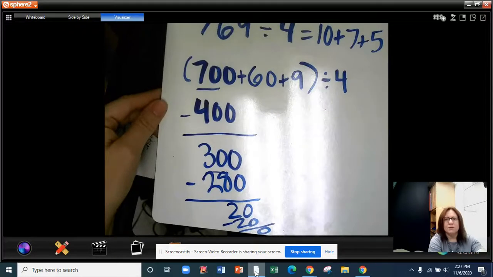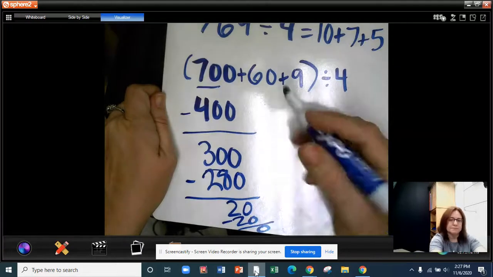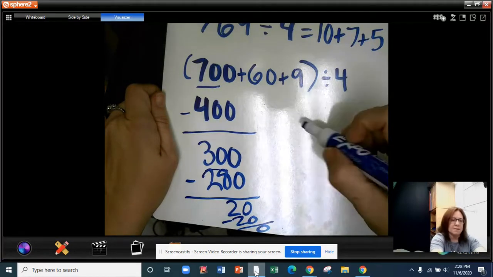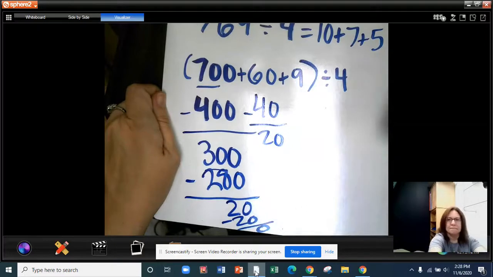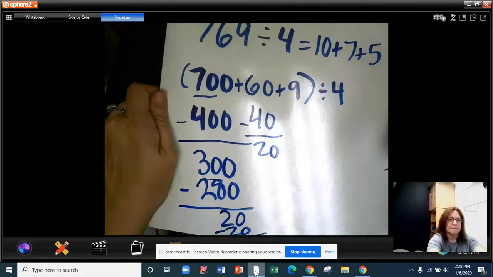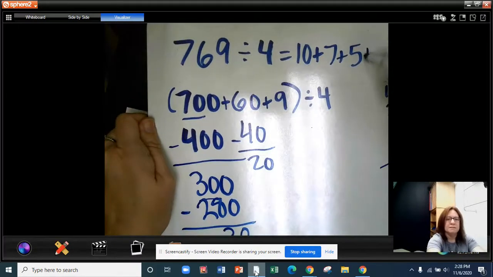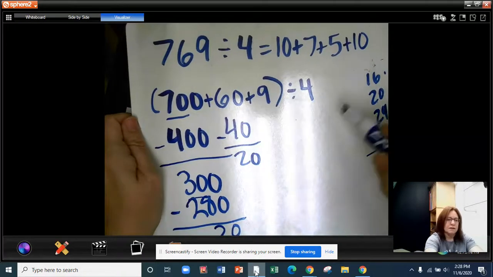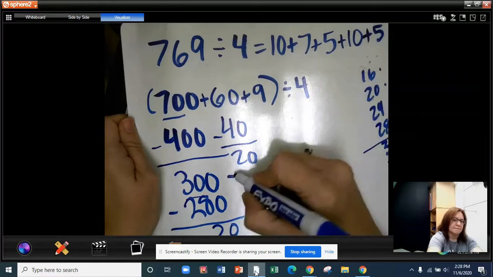Okay, now we got to do, how many times does 4 go into 60? Well, I know, again, we can split it up into easier pieces. I know that 4 times 10 is 40. Let me add this up here. I just did times 10. Okay. And then, again, with the 4 into 20, that's 5.